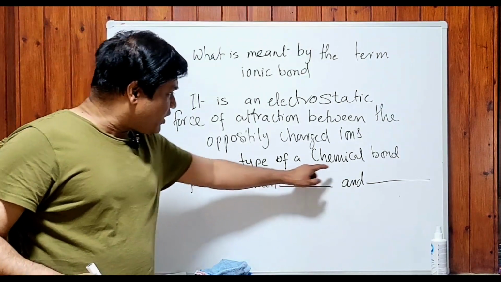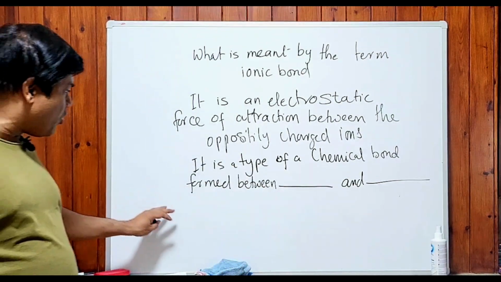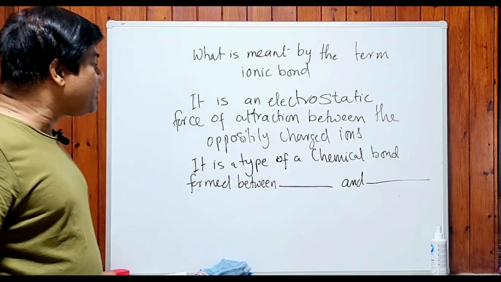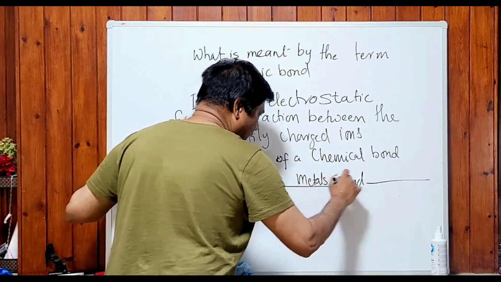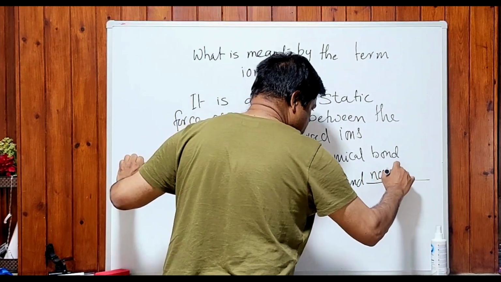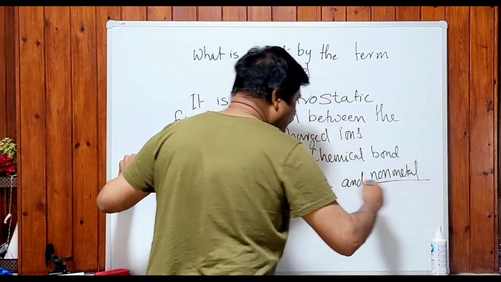So it is a type of chemical bond formed between metals and non-metals. How is it formed?